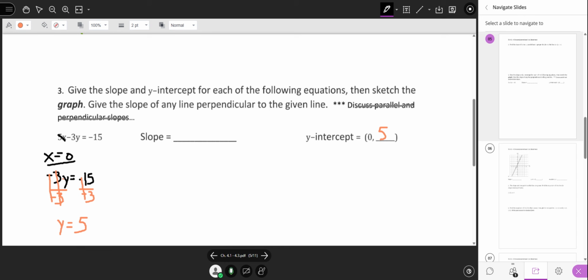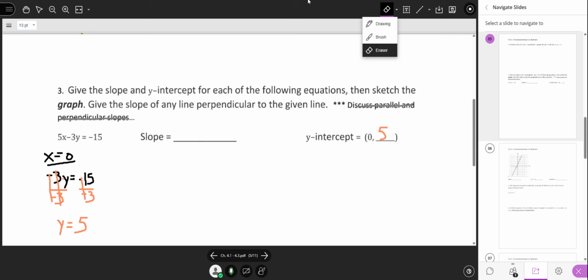Now, it says sketch the graph. Truth is, you can just go ahead and put this thing into Desmos, and it will graph it for you. So that's the nice part about this problem. Okay.